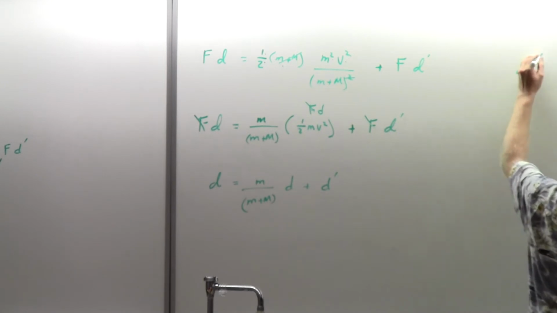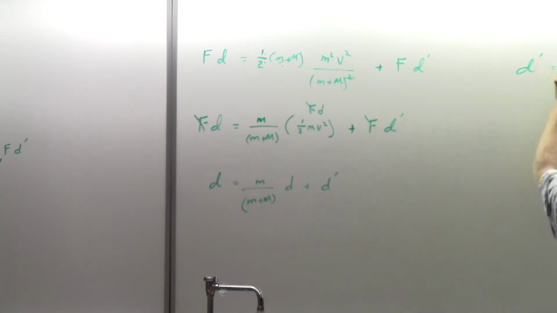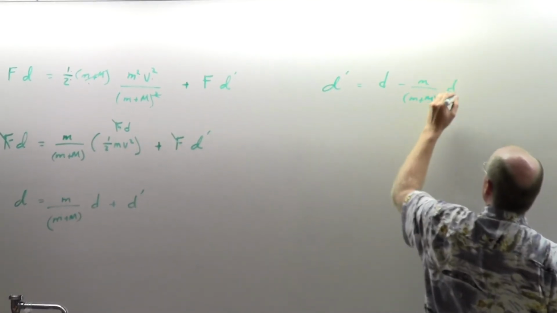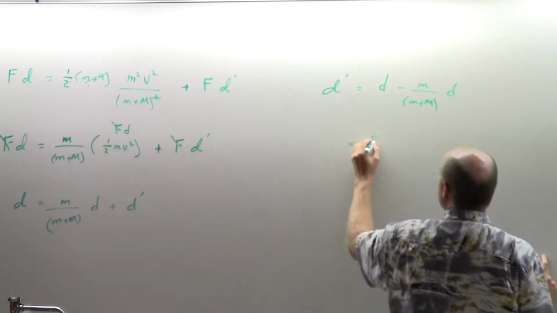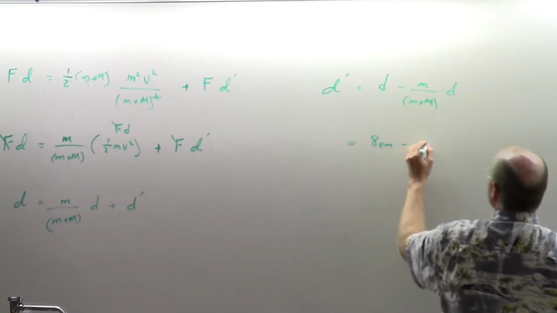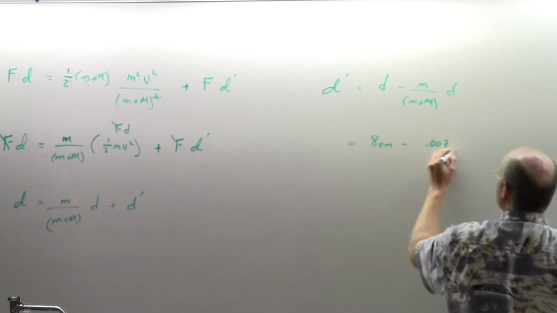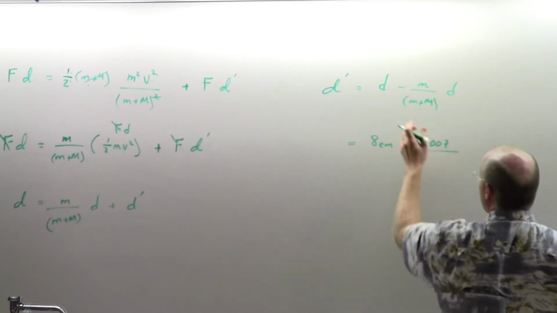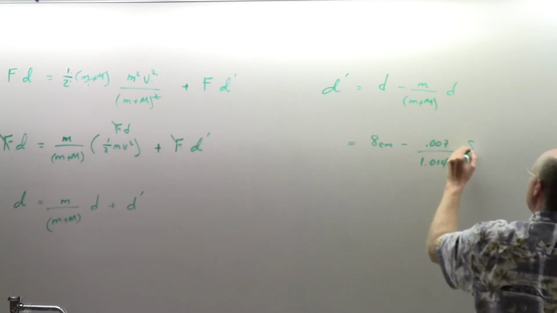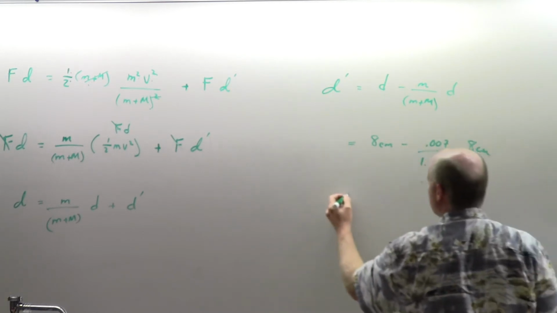So d prime now becomes the d minus little m over big M times d. So this d is 8 centimeters minus, and the mass is 0.007 in terms of kilograms. And when you add the two together, you're 1.014 times the 8 centimeters.